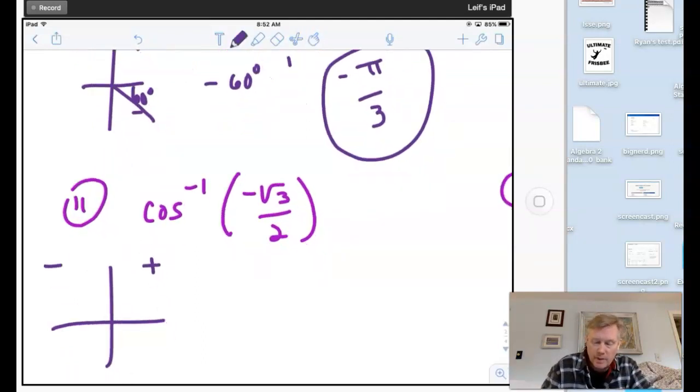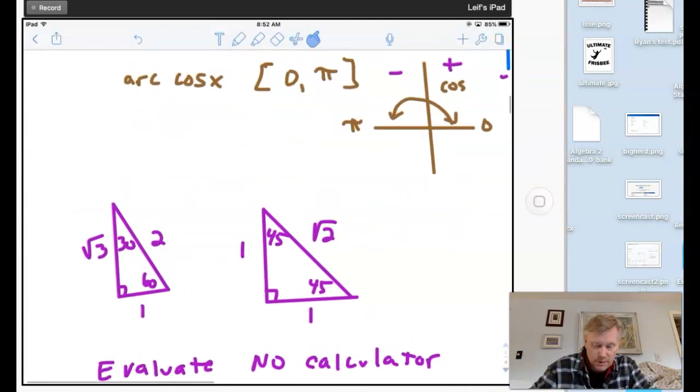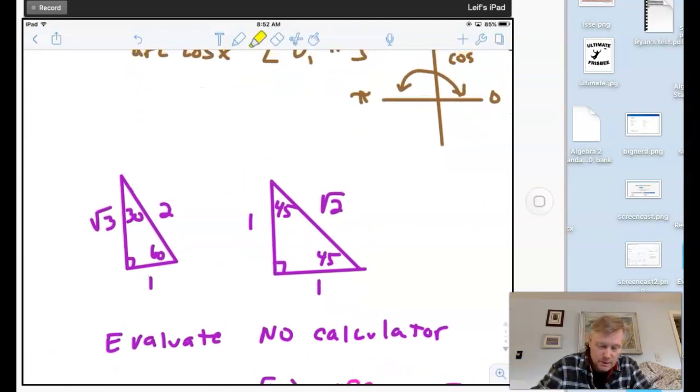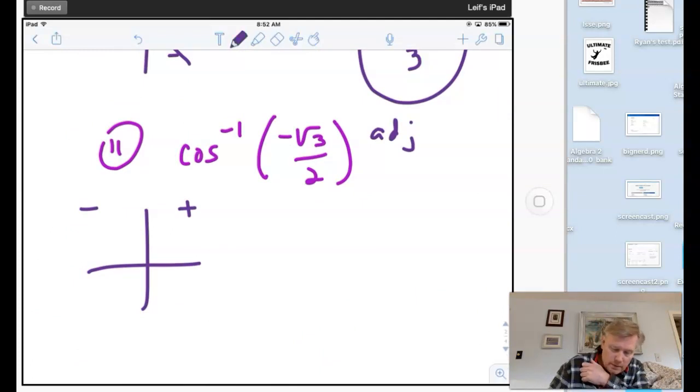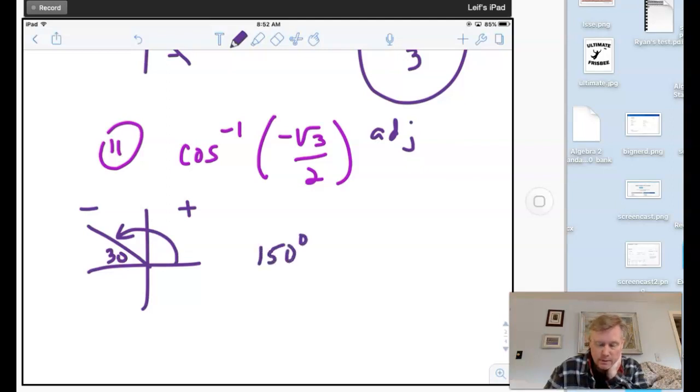Cosine is adjacent over hypotenuse. Which one's adjacent to the square root of 3? If I go back up to my triangles, adjacent to the square root of 3 is 30. So that's going to be my reference angle, 30 degrees. But remember, this is the oddball, so my angle is actually 180 minus 30, or 150.